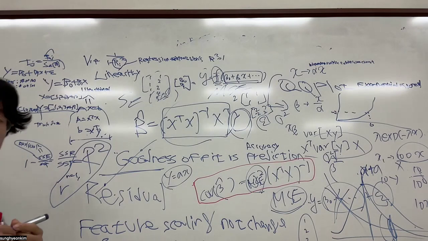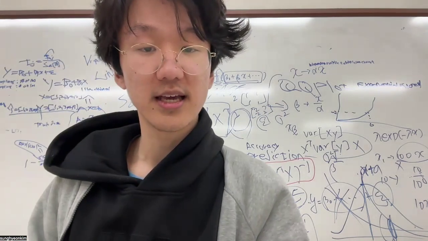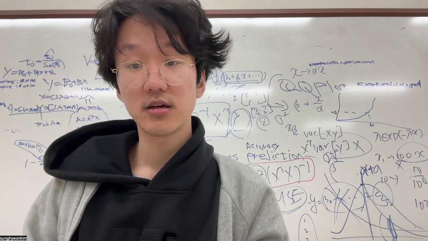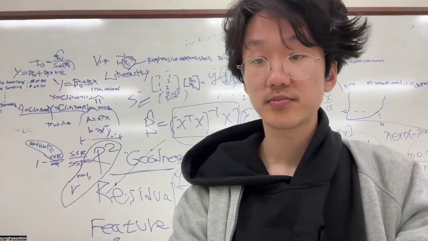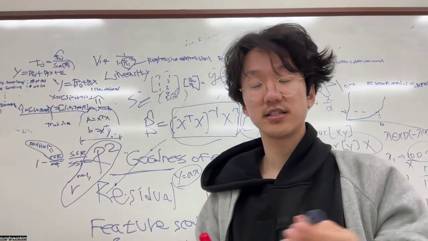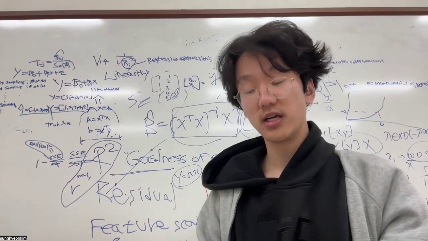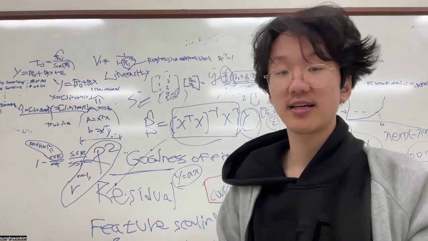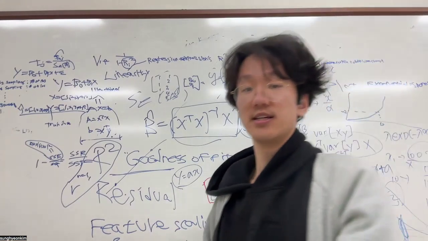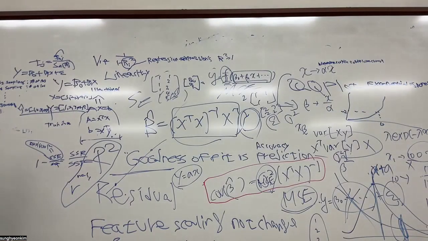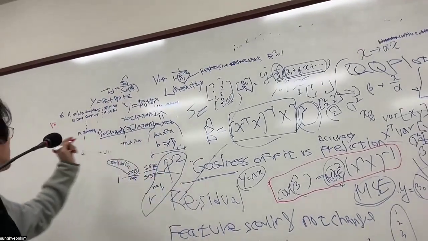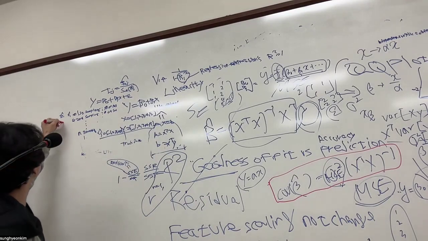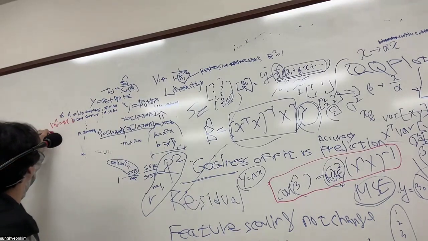Based on that, if we repeat this trial, we will get a distribution of beta 0 hat and beta 1 hat. Beta 0 hat follows a normal distribution of something, and beta 1 hat follows a normal distribution of something.